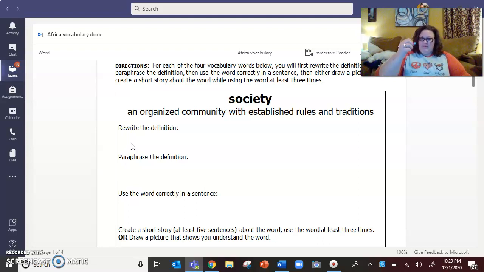Got my pen. I'm going to write a group of people. A group of people, and is that my entire definition? No, I need established rules and traditions. Okay, I know that established means that these things are like, it is the way it is.